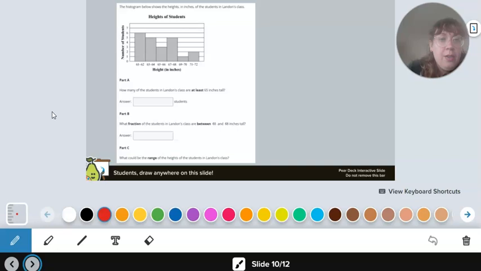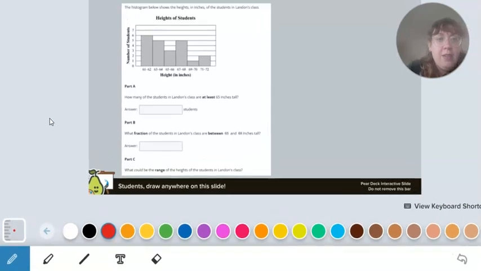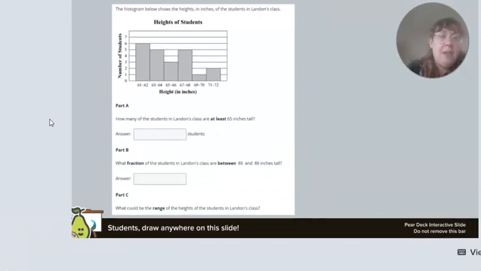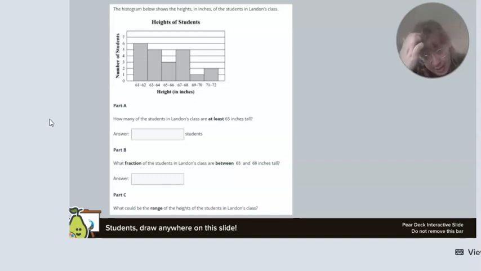So this histogram below shows the height in inches of students in Landon's class. We have the number of students and then the height in these bucket bins for inches. It says how many of the students in Landon's class are at least 65 inches tall. So they have to be 65 and can be any taller than that. In the first bucket, we have 3 students between 65 and 66.